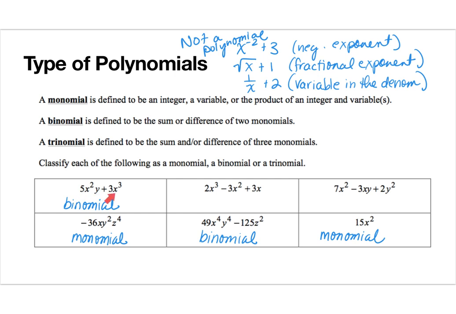Here's a monomial, monomial. I'm adding them. Monomial, monomial. I'm subtracting them. The next type is called a trinomial, and it's defined to be the sum or difference of three monomials. So this is a trinomial. This is a trinomial. Again, all polynomials, but different types based upon the number of terms.